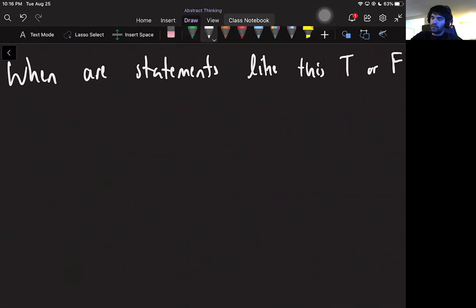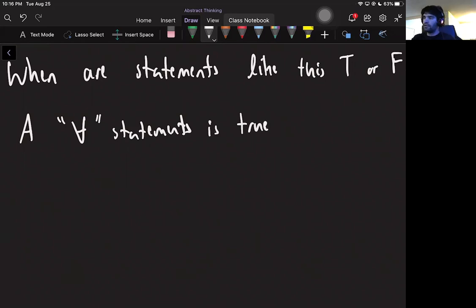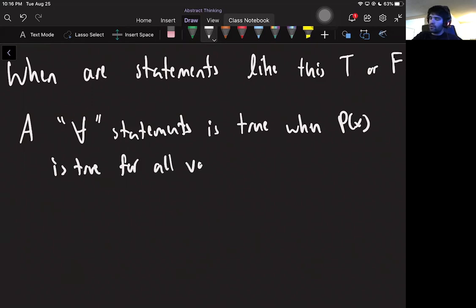So when are statements like these true? Now here's the answer. A for all statement: if you claim that for all some things, something happens, it's only going to be true if it always works. So it's only true when P of x is true for all values that x can be.